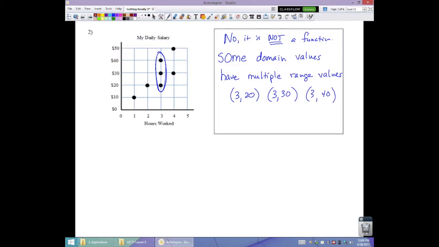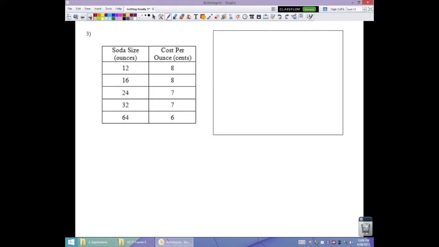It would be just as informative to notice that here the x value 4 is assigned to 30, and it's also assigned to 50. So you wouldn't need to list all of those, but if you have just 2 points that have the same x values but different y values, then it cannot be a function.